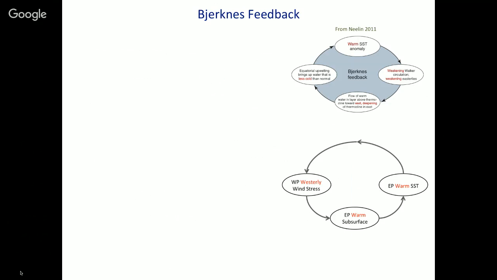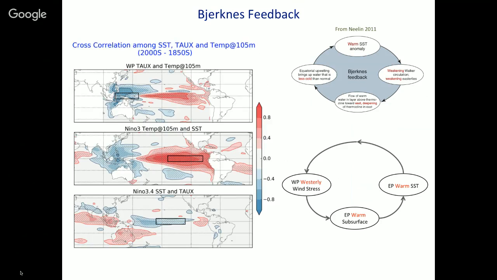In our situation, it's equivalent to a Western Pacific westerly wind stress, which leads to Eastern Pacific subsurface warming, which leads to Eastern Pacific warm SST, and if it's that way, it should complete the loop. So what I've done is a cross correlation between them, which is shown here.